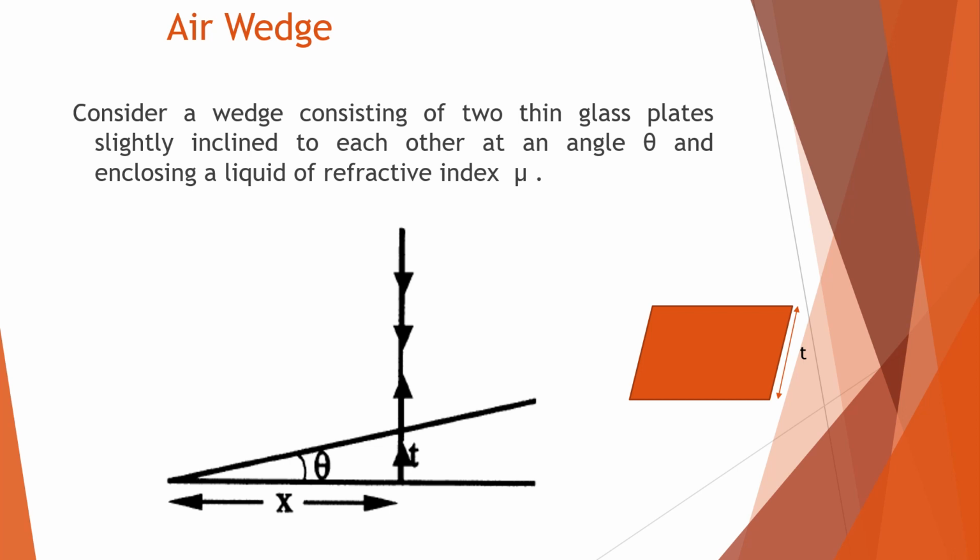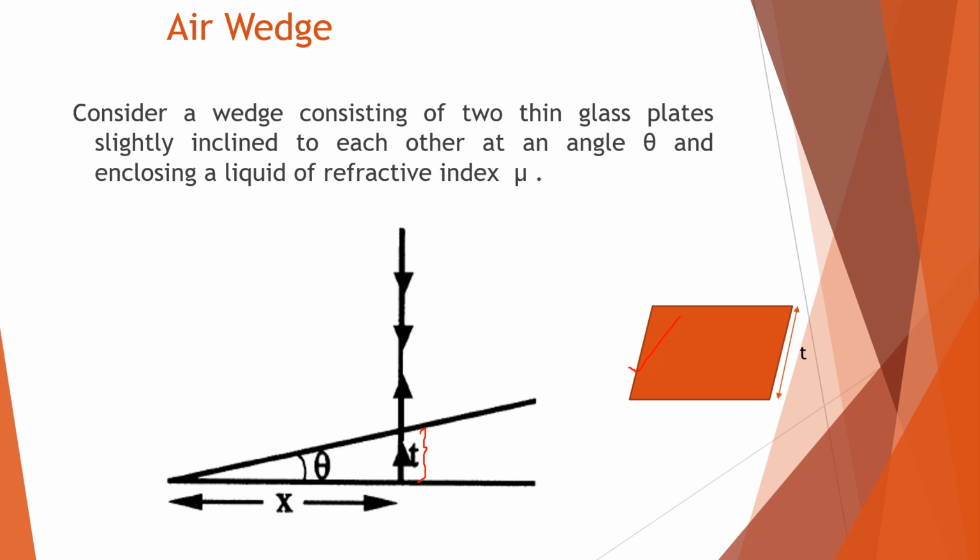Now when you come to air wedge, let us see what will be the shape of this film. Here we have a liquid film. You consider a liquid film of thickness T at a distance x from the edge of the wedge. So this point is called the edge of the wedge. This liquid film of thickness T is drawn here.